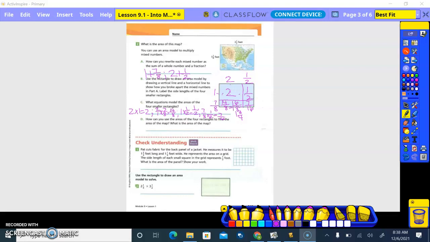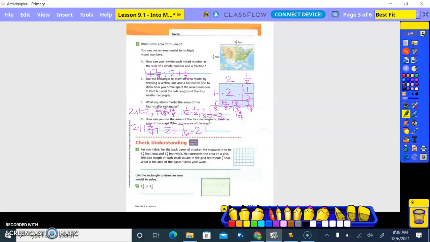Okay, so how can you use the areas of the 4 rectangles to find the area of the map? Okay, so we would then do what with all those answers? We would add them together, right? So 2 plus, and we said 1 3/4, plus 1/2 plus 7/16. So what's going to be our common denominator, guys? 16, right?